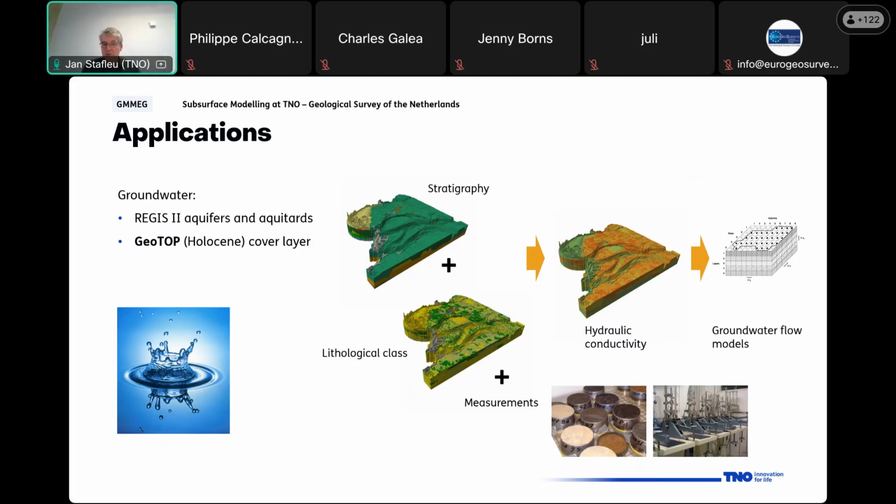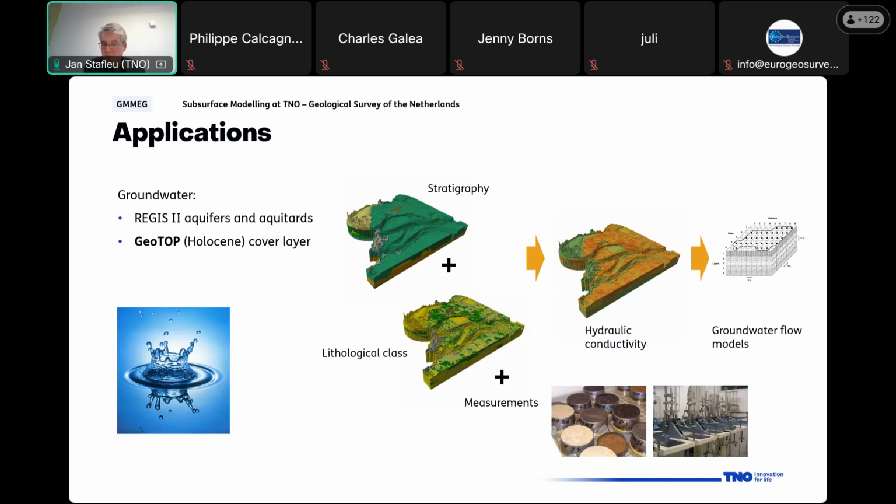So we have a sample from sand from a particular stratigraphical unit. You measure the hydraulic conductivity, and then for all the sand of that same stratigraphical unit, you know what the hydraulic conductivity is. Of course, not based on one measurement, but on many measurements. But the idea is that the variation of hydraulic conductivity is determined by the combination of stratigraphy and lithology, and sometimes with depth, depending on the parameter.